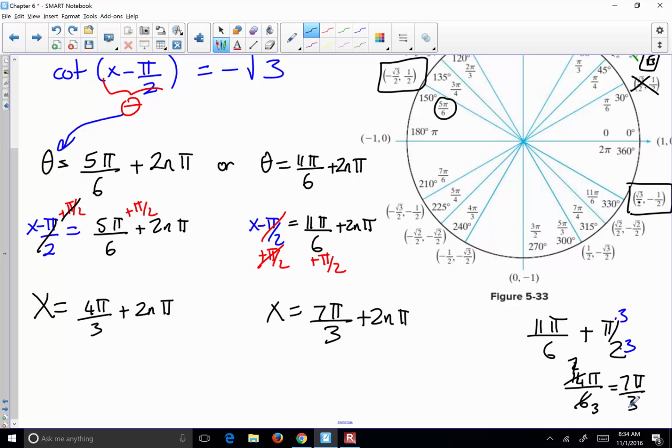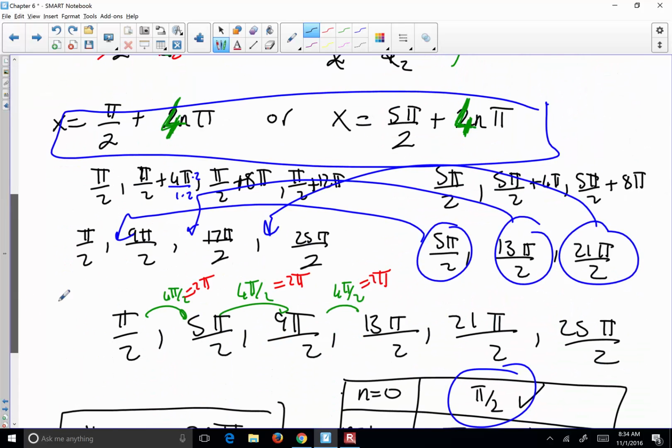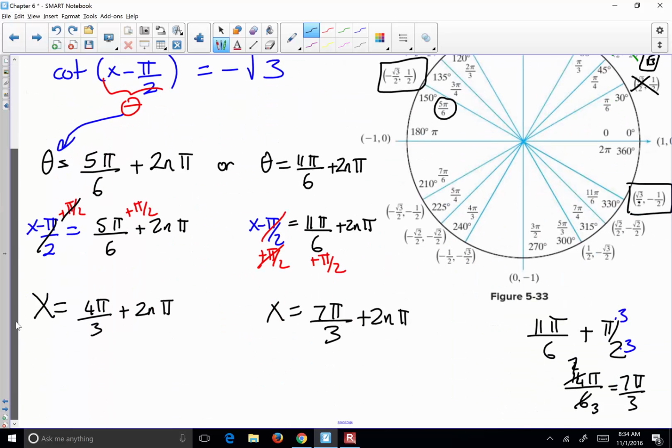Alright, we need to reshape our solutions. Again, I will do the same thing I did here. See if I can combine two solutions into one notation like this. Isn't there a pi difference between these two?